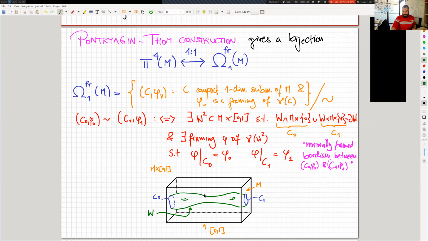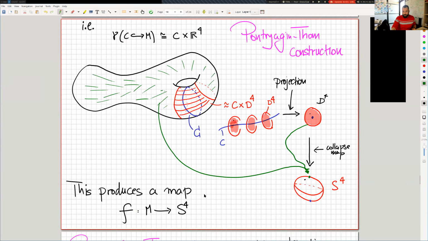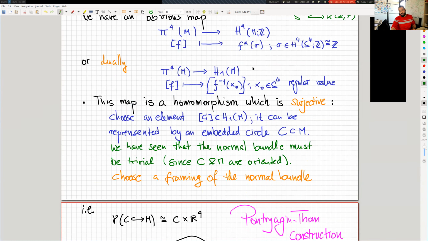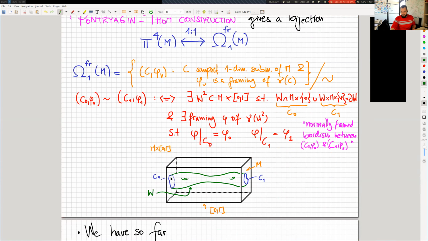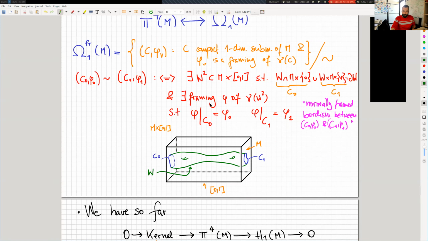And this is exactly what H1 is. You can look at H1 as the bordism classes of one-dimensional submanifolds which are oriented bordant, right? So two one-dimensional submanifolds represent the same one-dimensional homology class if there is an oriented bordism between them. Okay? And they represent the same normally framed class if there is a normally framed bordism between them.